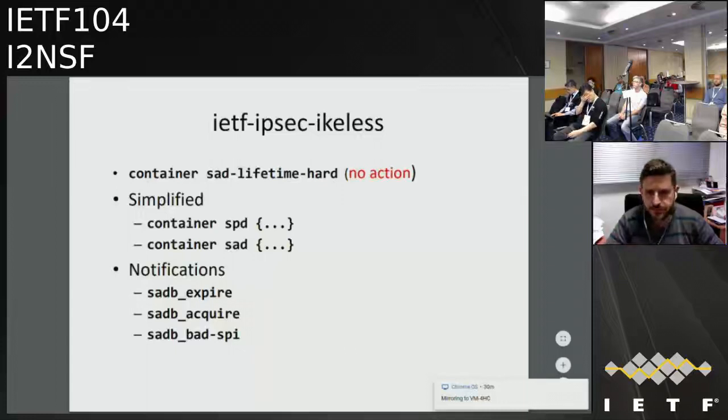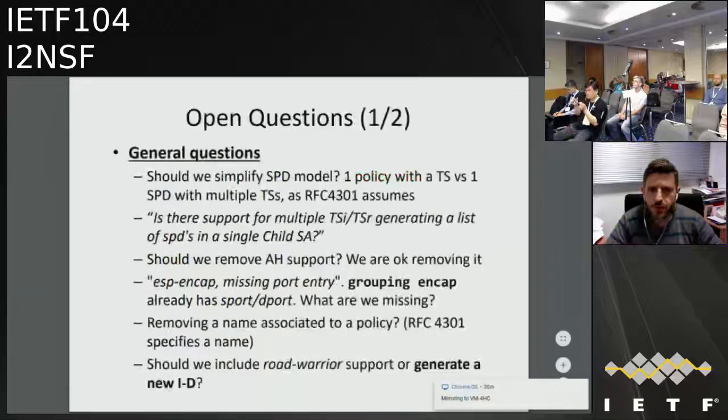Next. We have now 2 slides about some open questions. Right now, what we have is an SPD model with one policy, I mean one entry in the SPD, but multiple traffic selectors. Actually, that is defined in RFC 4301.